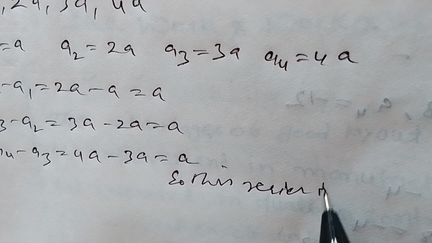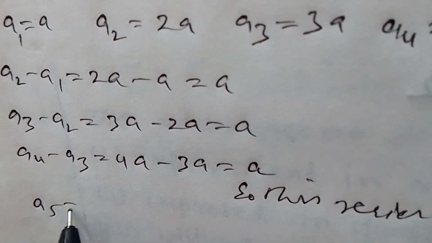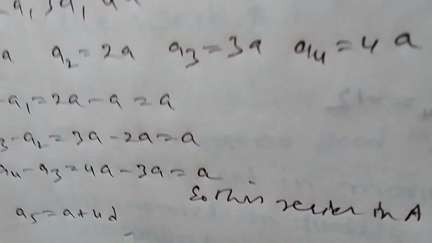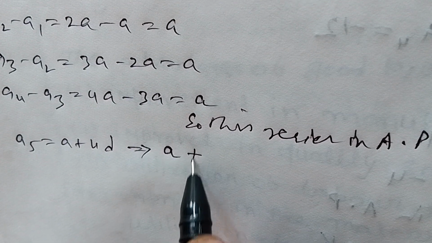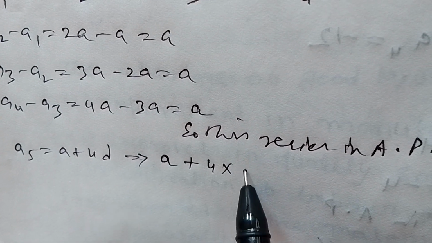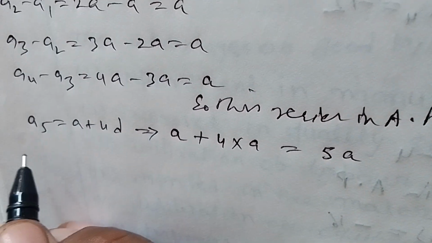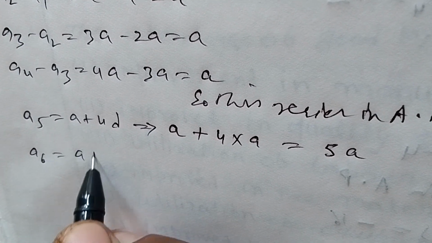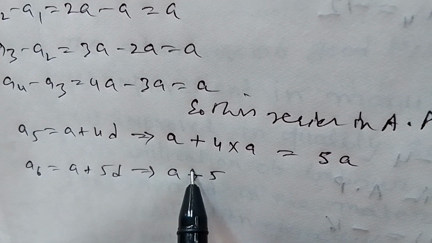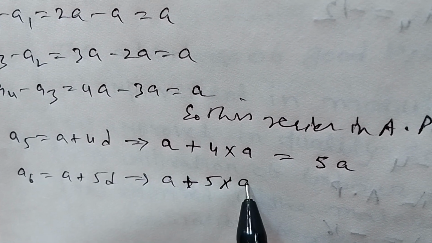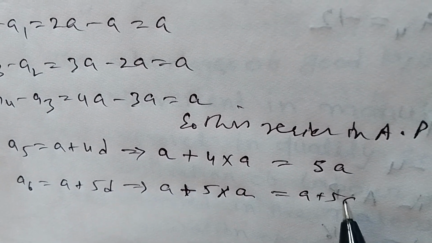So this has the same common difference, so this series is in AP. Now we will calculate the next terms. A5 is equal to A plus 4D. So the value is A plus 4 multiplied by the common difference A, it comes out to be 5A. A6 is A plus 5D, that is A plus 5 multiplied by A, the common difference, that is A plus 5A, which comes out to be 6A.